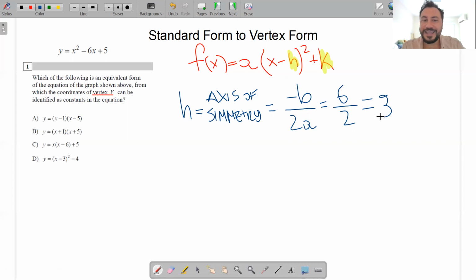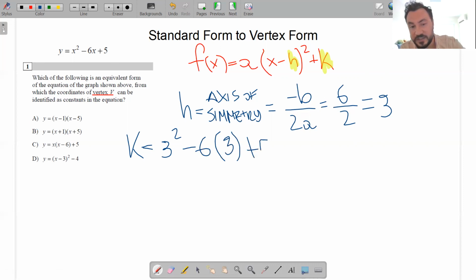What's going to be my k? To find the value of k, as we did before, we just need to plug my x value into my original formula. So it will be 3 to the power 2 minus 6 times 3 plus 5. 3 to the power 2 will be 9. 9 minus 18 plus 5.